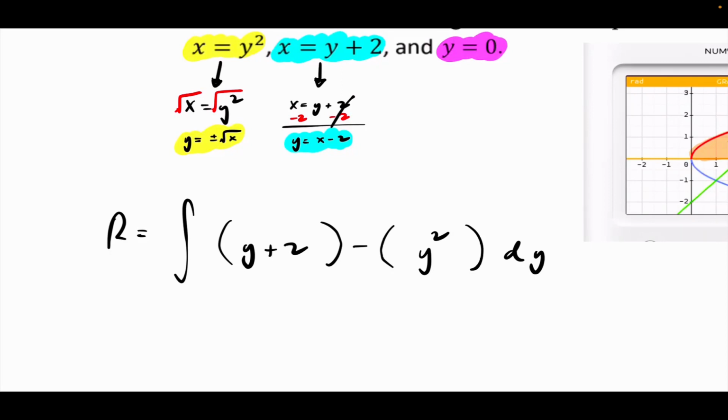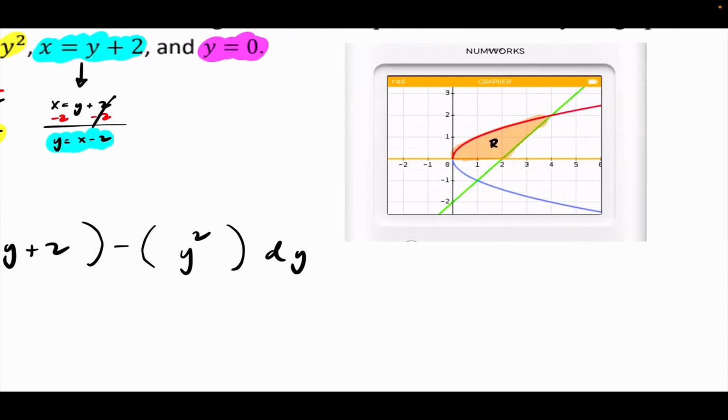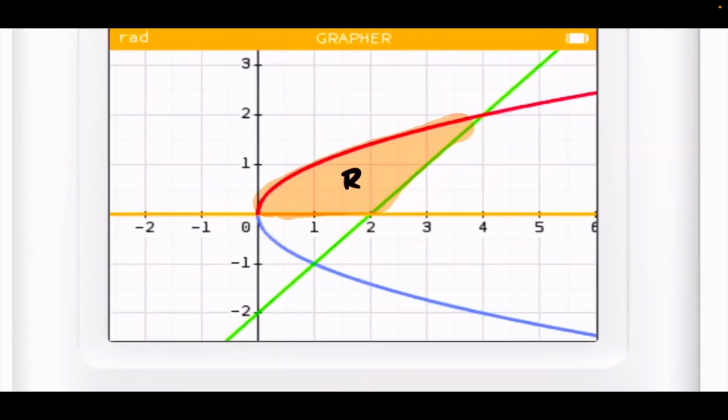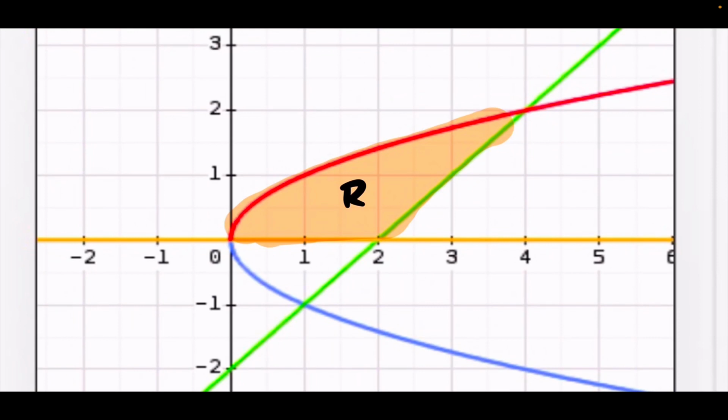Okay, done there. Now we have to go top minus bottom. So what is the very top of the shaded region? There's a dot there, right? I'm going to make that dot right here. Let me use black.